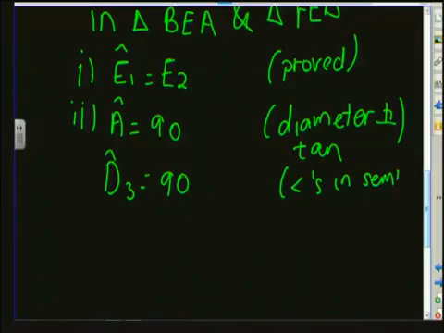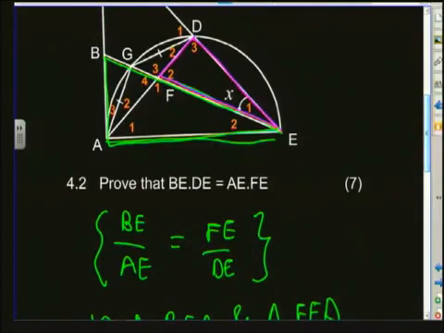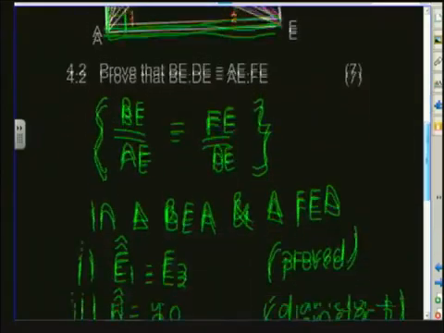Now let me just show you that one. If we go back up, angle D3, that's the angle we're talking about there. And we know that AE is the diameter of the circle, so therefore angle in the semicircle means that D3 is equal to 90. So what I've just showed is that angle A is equal to angle D3.